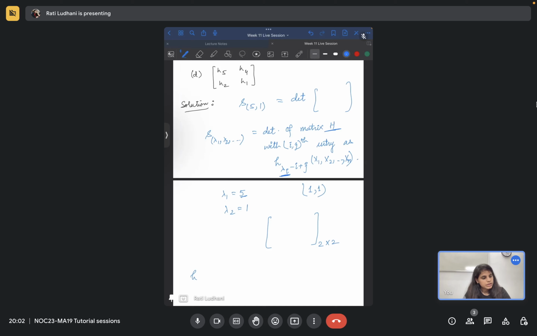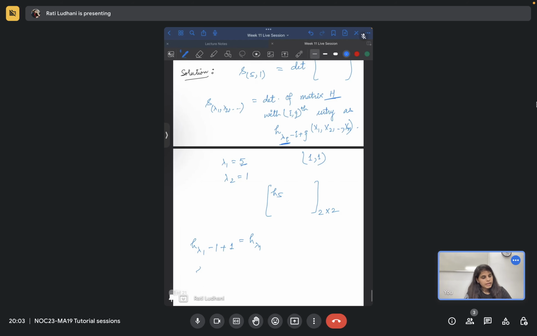So h_{λ1 - 1 + 1} is just h_{λ1}, so it is h5. Next, the entry (1,2): i is 1 and j is 2, so you'll get h_{λ1 + 1}, so you will get h6, right?